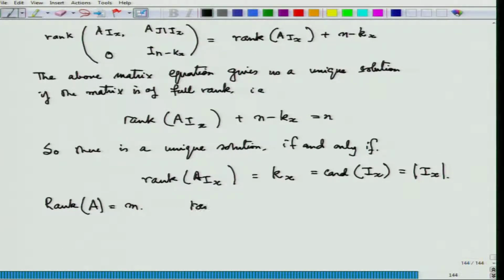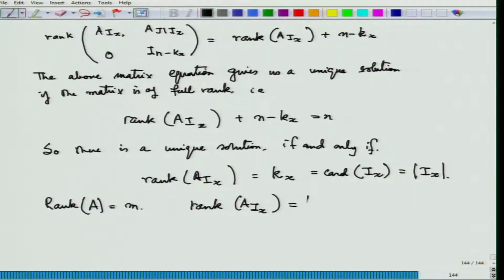So, rank of A_Ix, sorry, rank of A_Ix would also look like it should be m, but that is not the case.